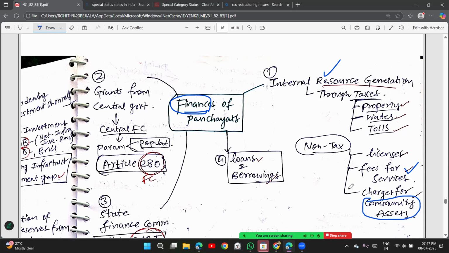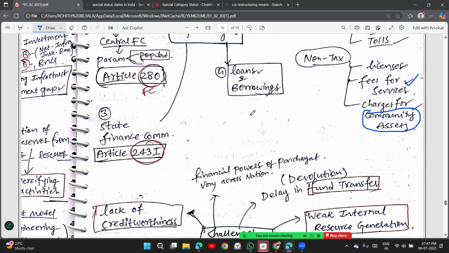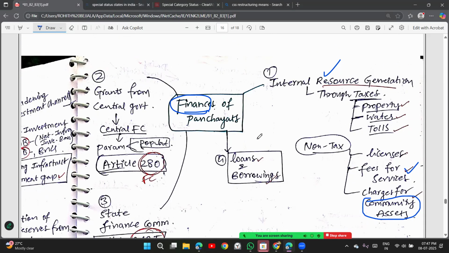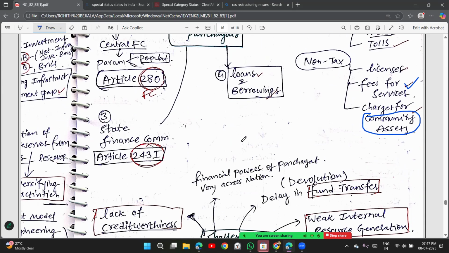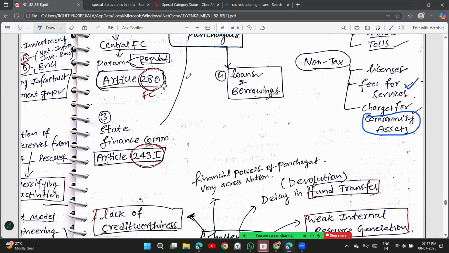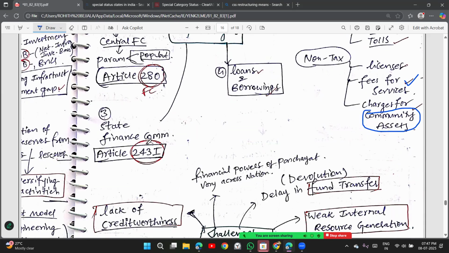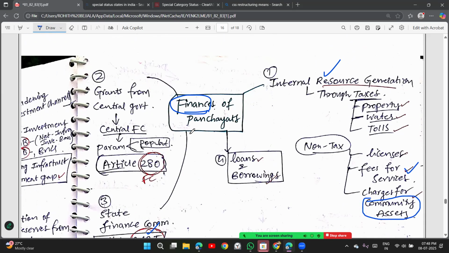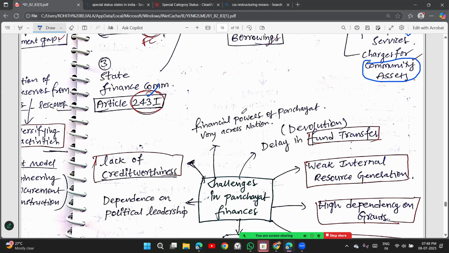From that we can generate finance for panchayats. Panchayats also take loans and borrowings, and finances are given by the State Finance Commission, Article 243I, and Article 280, where the Finance Commission decides how much resources should be distributed, based on population.